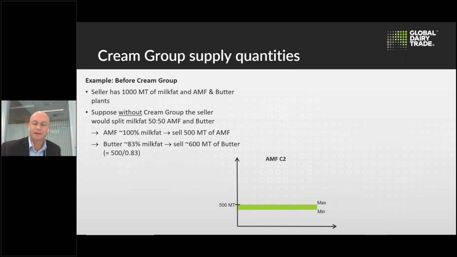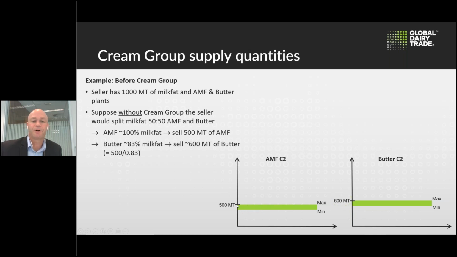Then you would see the minimum maximum supply ranges set: maximum 500 of AMF, because 500 metric tons of milk fat is 100% milk fat, so it'll make 500 tons of AMF. Whereas butter is 83% milk fat. So with 500 tons of milk fat, you can actually make 600 tons of butter, right? Because the rest is moisture. So you'll see that the maximum supply for butter would actually be 600 metric tons.